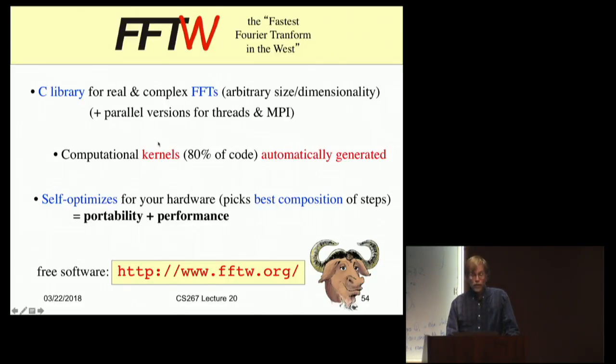So it works for real and complex FFTs, and you can have any size and any dimensionality. So it'll tune not just powers of 2, it does all possible values of n, and that's because they've optimized it to search through this big database of different ways of doing it, and they just try them all and give you the best one.